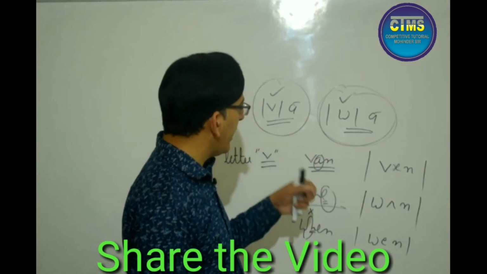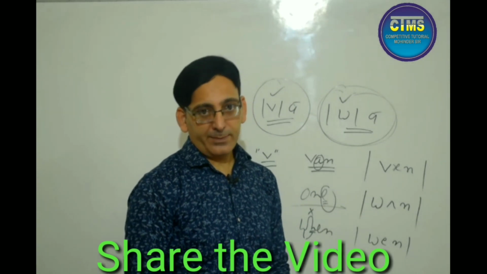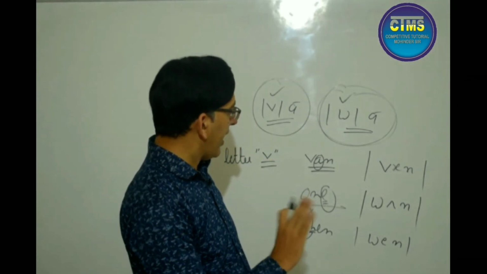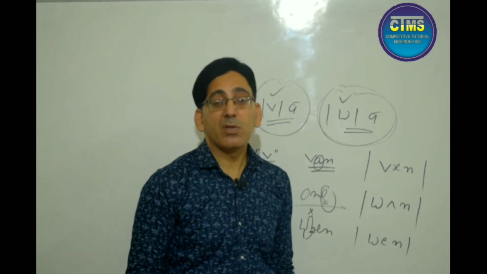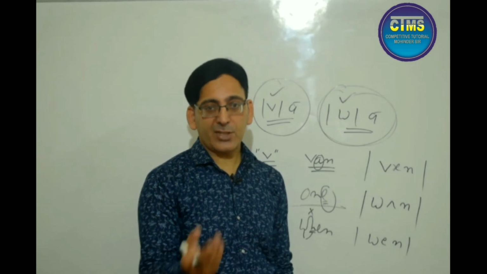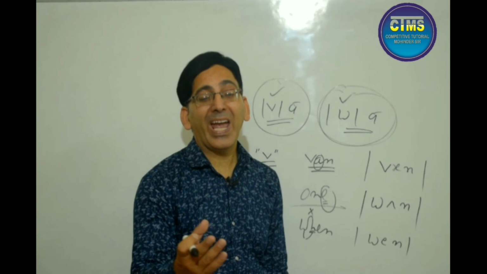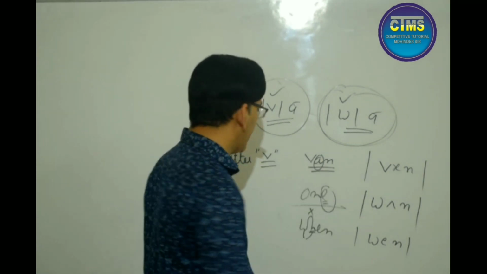So I think you are able to understand the difference between the two V. One is V, second is V. Clear? So I think I have given you enough examples. Similarly, you can pronounce what. Again, H is silent. Where. Again, H is silent. So that's the difference between these two sounds.